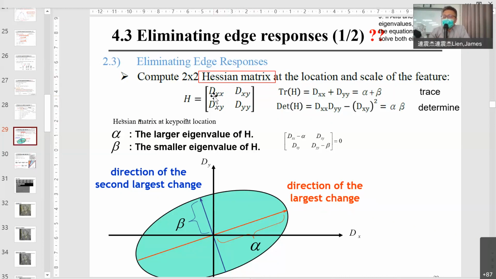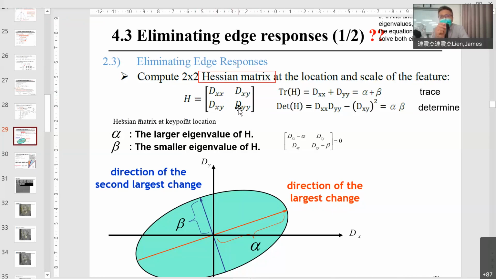Covariance 跟 Hessian 不一样。This can be a covariance matrix, but here because we use the first derivative, it becomes the Hessian matrix.